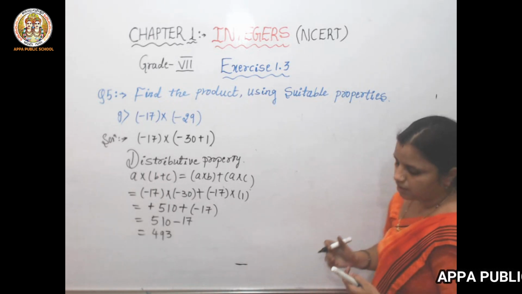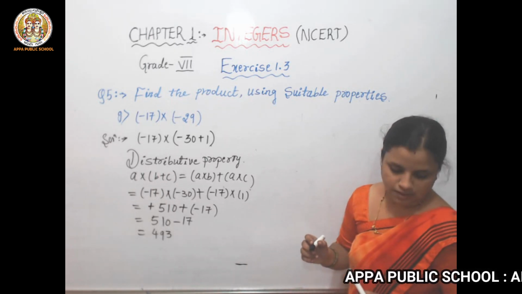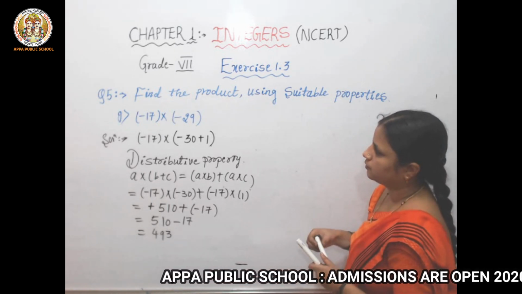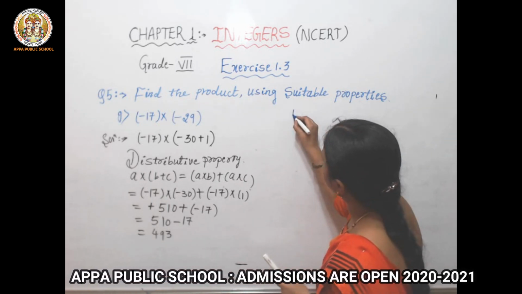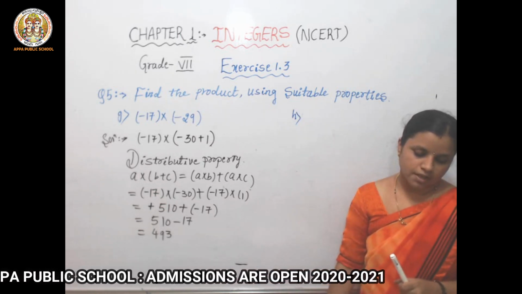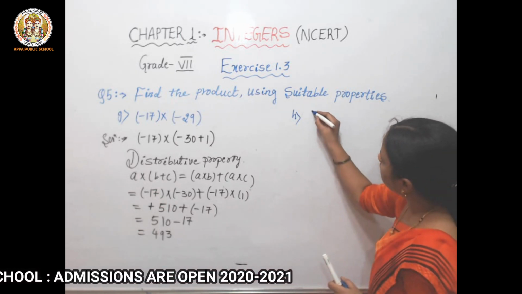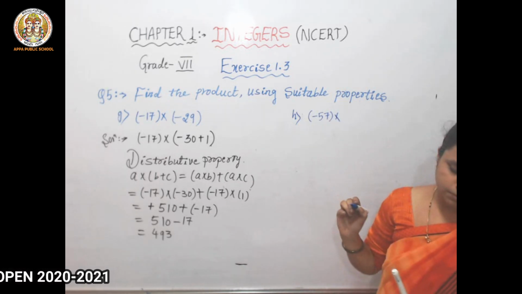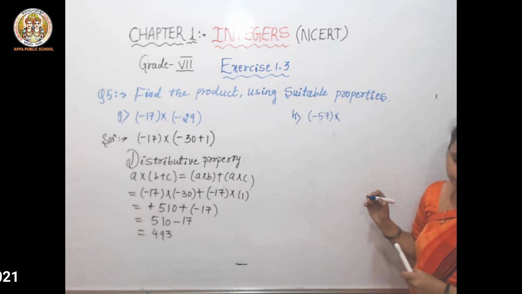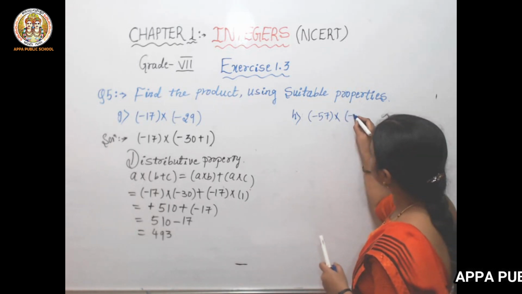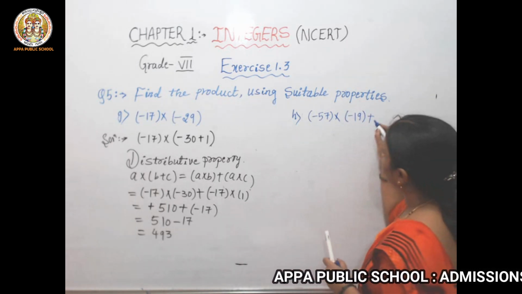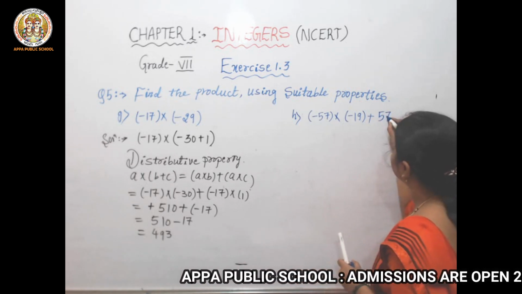The next as H. The last problem of this bit, that is H. So what is H? You see, minus 57 into minus 90 plus 57.